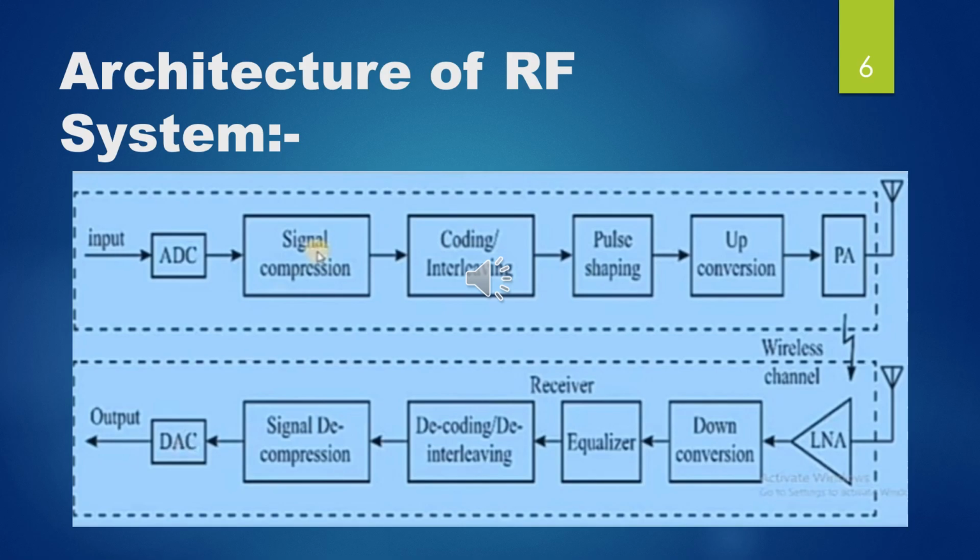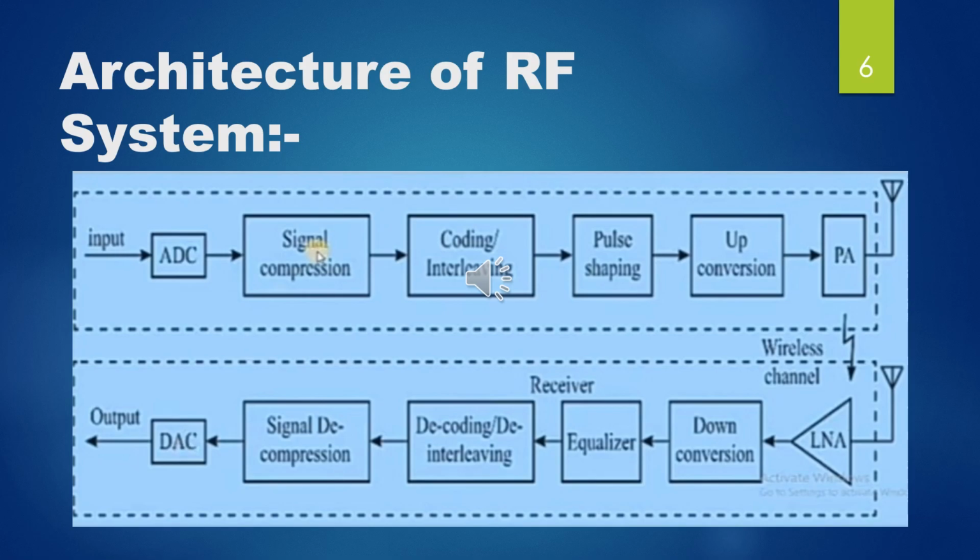Here in the transmitter section there is a pulse shaping block stage where it will just change the shape of the transmitted pulse, and in up conversion it will enhance the low to high frequencies. And here in the receiver section we have down conversion, which enhances the high to low frequencies.